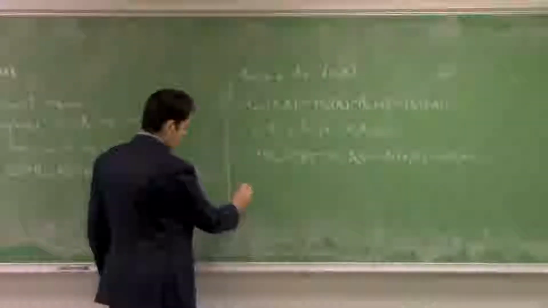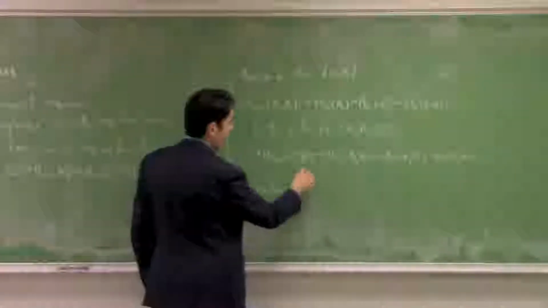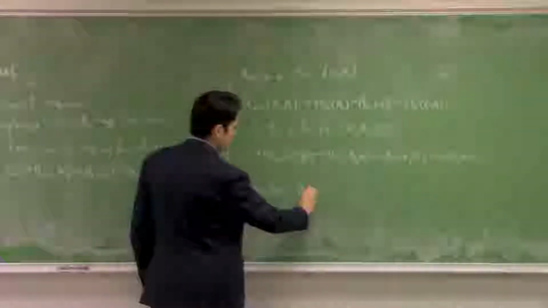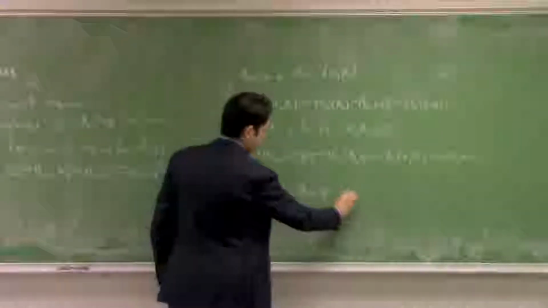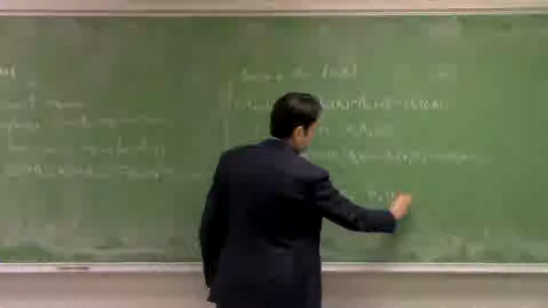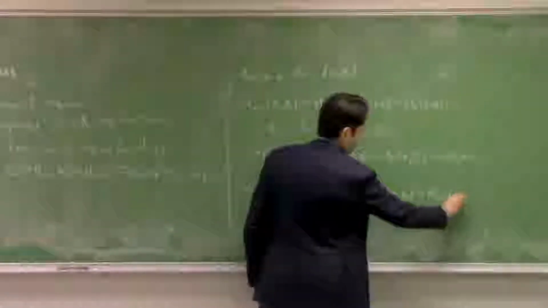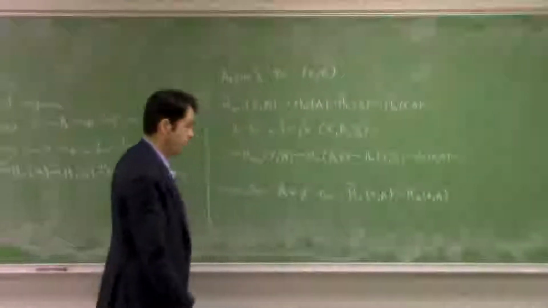Recall here that the convention is that if A is not empty, then the reduced relative homology group is the same as the unreduced relative homology group.